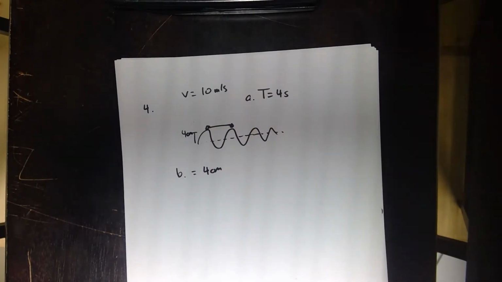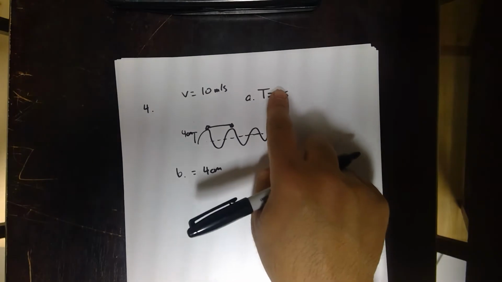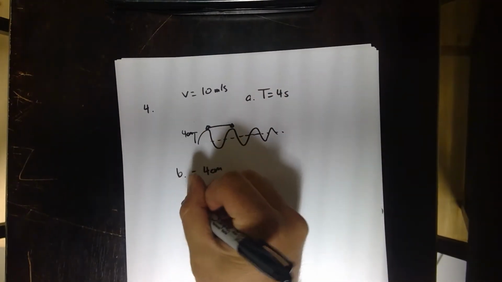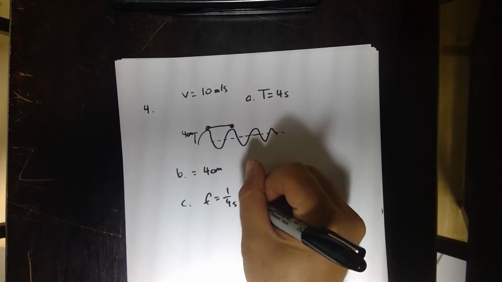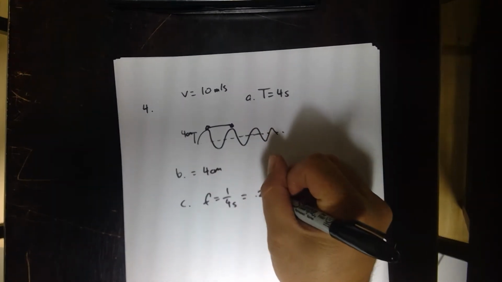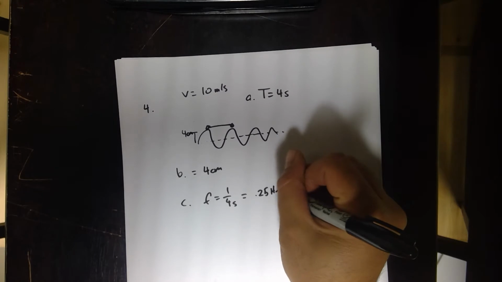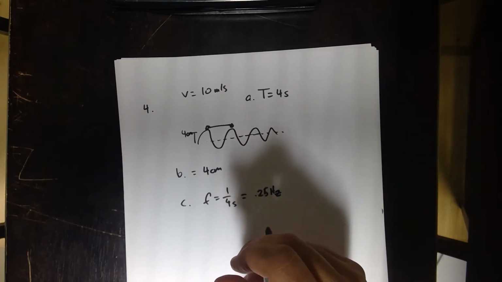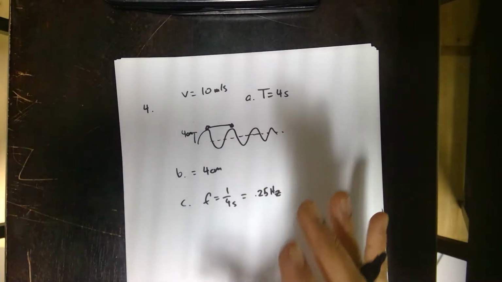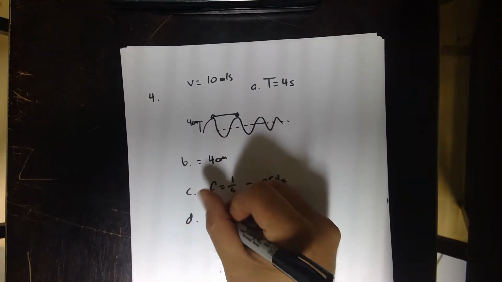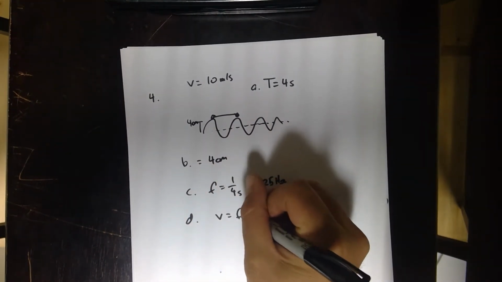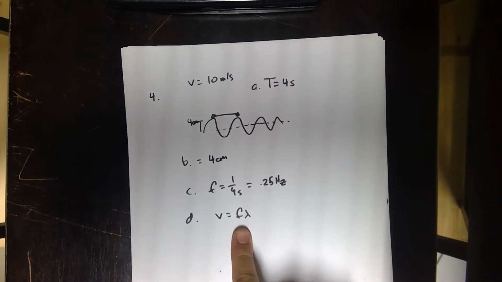After that, we're asked what the frequency of the wave is. Frequency is always 1 over the period, and if the period is 4 seconds, you're going to get 0.25 inverse seconds, or hertz, the standard unit for frequency. Once we have that, we can get the wavelength, because it's the only thing we don't know in this equation.